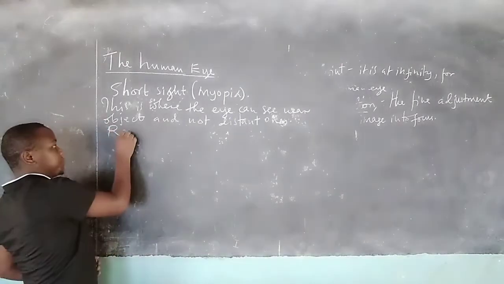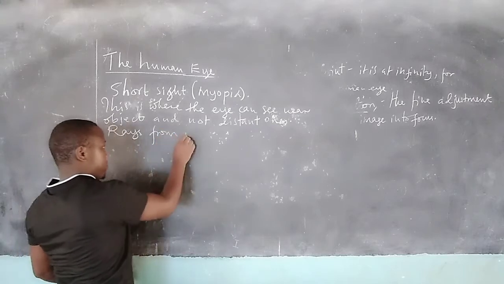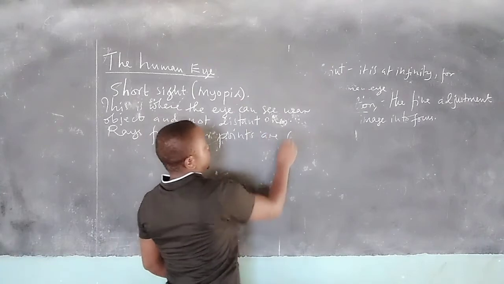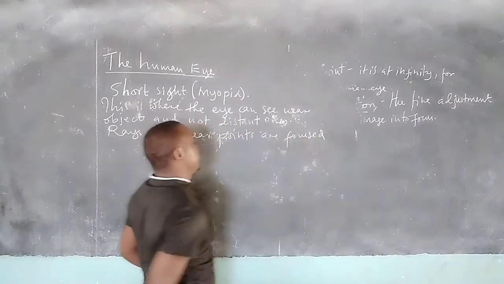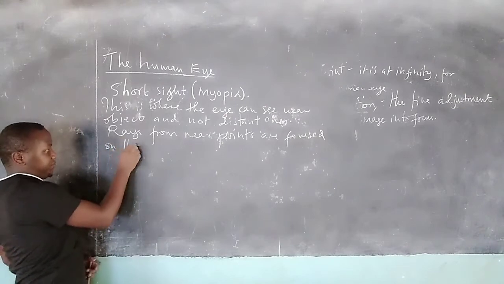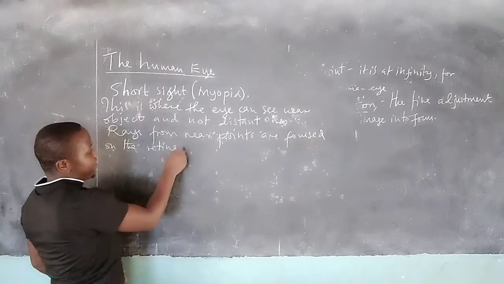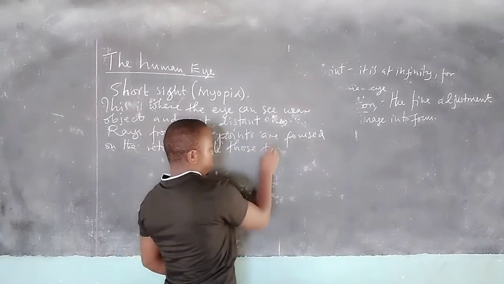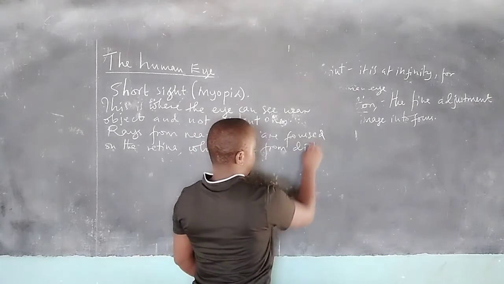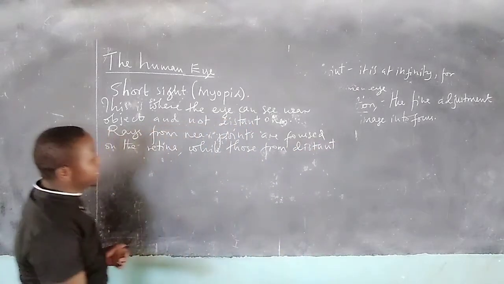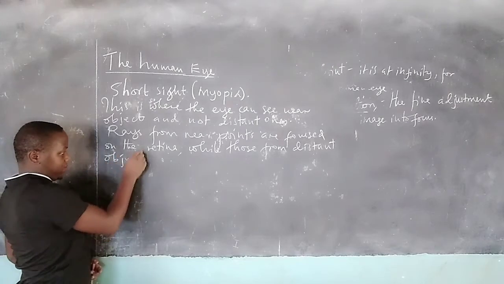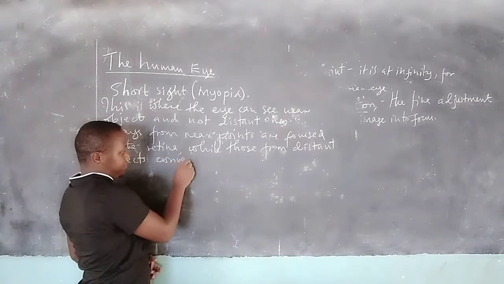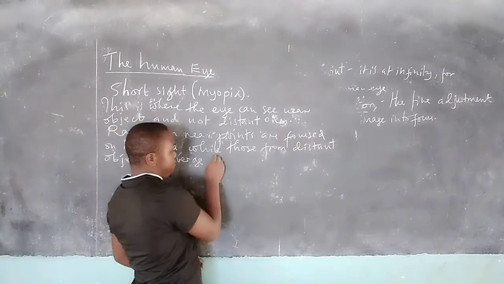Rays from near points are focused clearly on the retina of the eye, while those from distant objects converge before the retina.